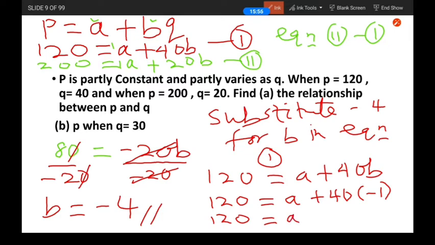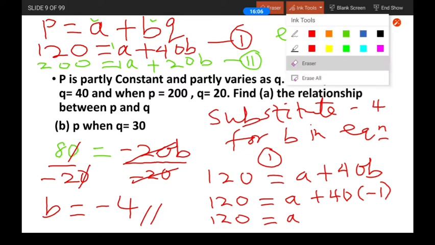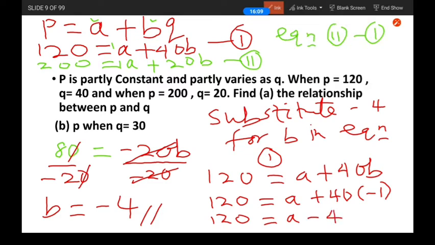So we have 120 equals what here? A plus times negative will give us negative. Let me write that well for you to see. So that gives us minus 40 times... That was a mistake from here again.